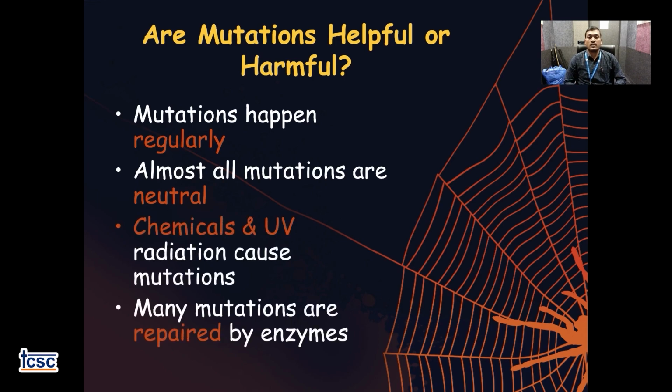Mutagens are the agents that cause mutation. Different kinds of mutagens are there. They may be in the form of rays, chemicals, viruses, or DNA elements which are present in animal and plant cells as well. And that kind of mutation is repaired by many enzymes which are present inside individuals.